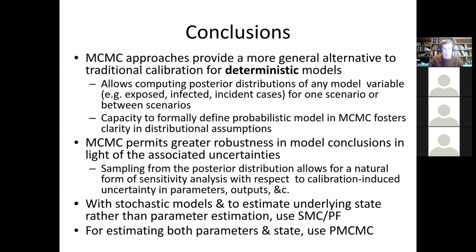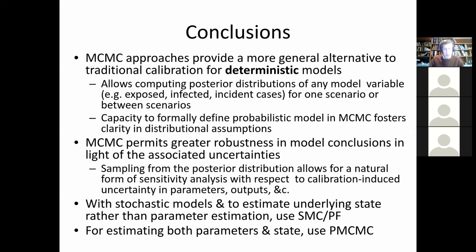So MCMC approaches provide a more general alternative to calibration. They're really best suited to deterministic models. MCMC allows for greater robustness in conclusions in light of parameter uncertainty. If we're dealing with stochastic models, sequential Monte Carlo methods and particle filtering, or Kalman filtering on the cheaper side, are both options.